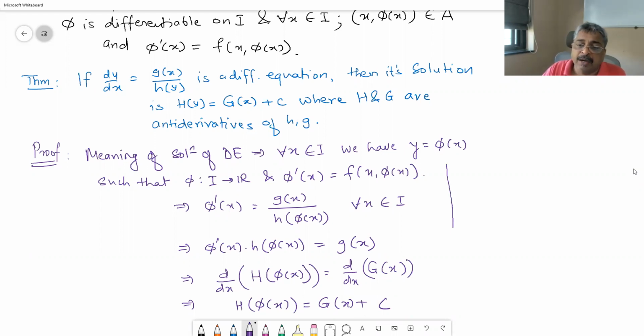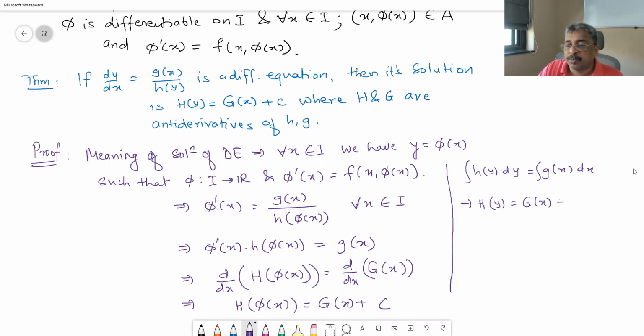So for all practical purposes, you cross multiply h of y dy is equal to g of x dx. You cross multiply those and take integrals of both sides. You will end up getting h of y, which is equal to g of x plus c. That is precisely what this is.